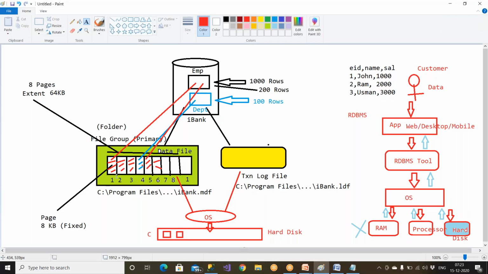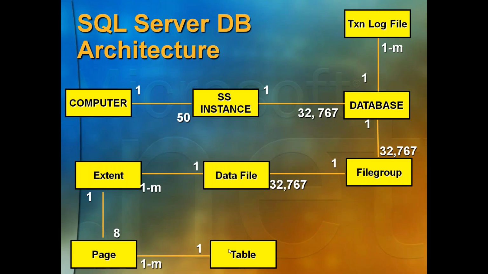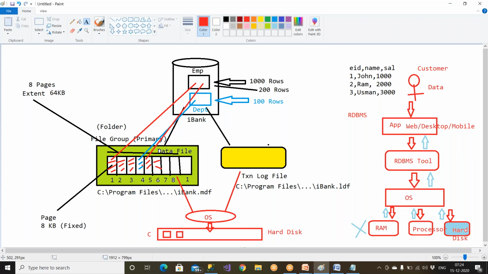One table data is occupied in more pages. These pages are part of an extent. Table data is in pages, pages are part of an extent, which is part of a data file, within the file group, within the database, which will be part of a SQL setup. The setup is available in your computer if you do the reverse engineering. Clear, guys? So always you need to understand.